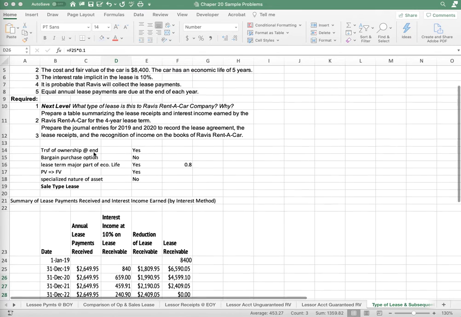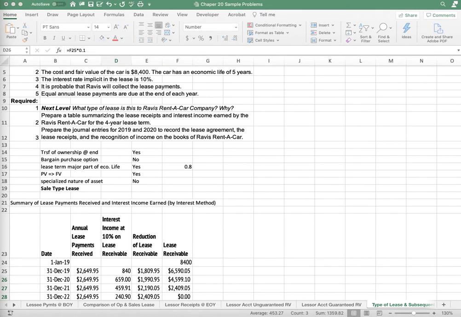Okay. The third part asks us to prepare the journal entries for 2019 and 2020 to record the lease agreement, the lease receipts, and the recognition of income on the books of Ravis Rent-A-Car.